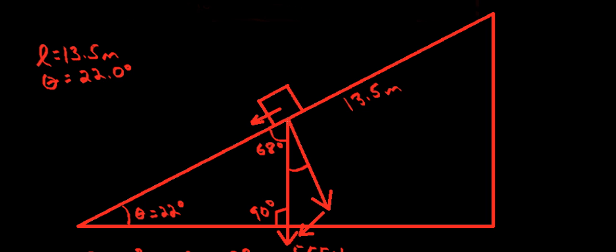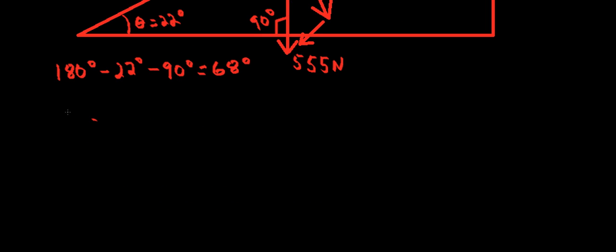Now we need to solve for this angle here. The vector heading from the block straight into the surface of the ramp is perpendicular to the ramp surface. So we know that this vector and the ramp make a 90-degree angle. So to solve for this angle here, we know the sum of these two angles equals 90 degrees. So this angle will be 90 minus 68 degrees.